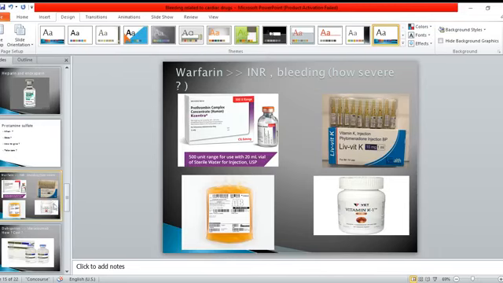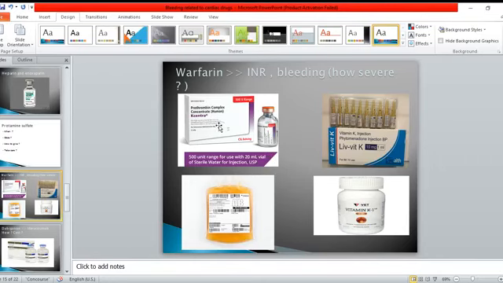Warfarin. Of course, warfarin is a very commonly used drug. Warfarin is used for cases of DVT, pulmonary embolism, atrial fibrillation, and cases of left ventricular thrombus. So it can be given in different indications, and because it's quite a cheap drug, it's commonly prescribed.